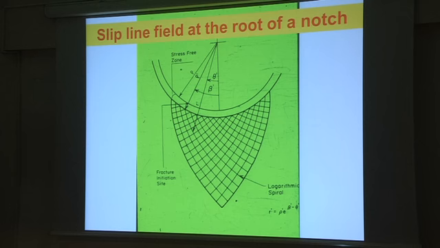These lines are transparent to grain boundaries. They are transparent to inclusions.